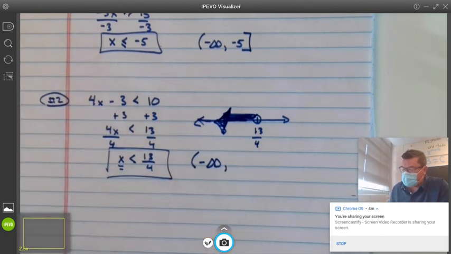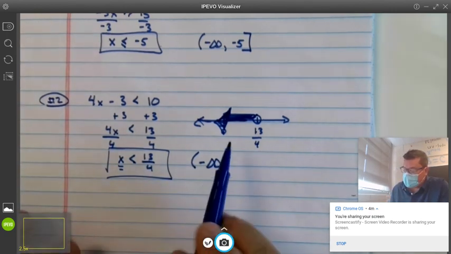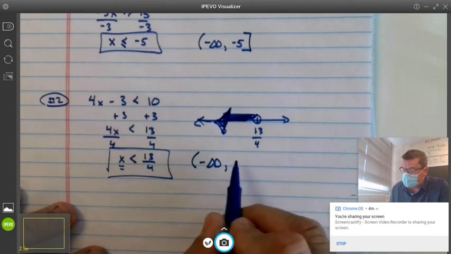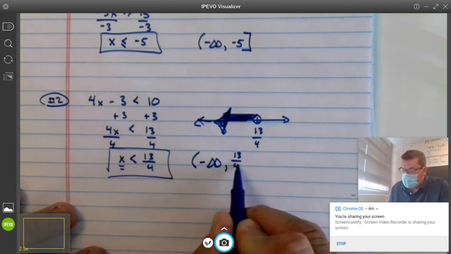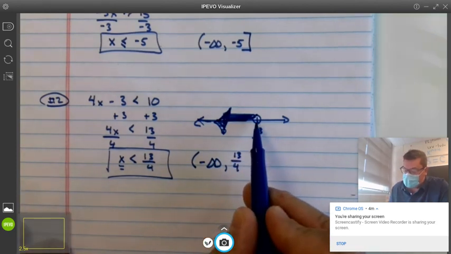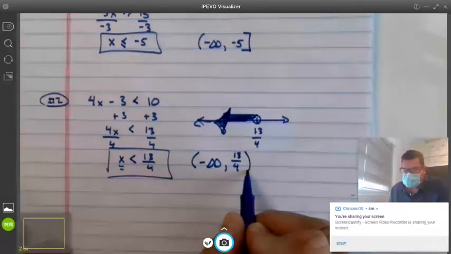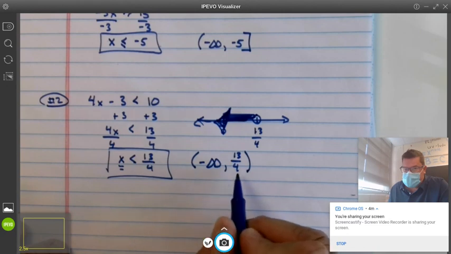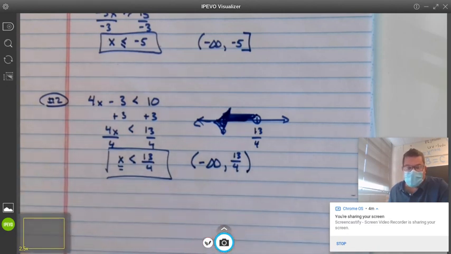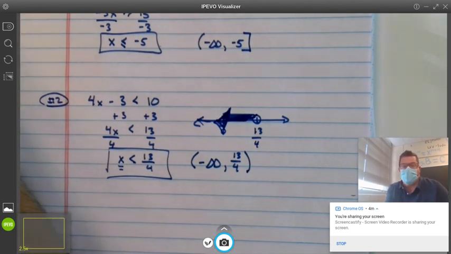We go all the way up to the biggest number that is included in our shading, which is 13/4. But since it's hollow, we can't quite get to 13/4, so we need to parenthesize that. Make sure in this interval notation that these are in numerical order, small first and then followed by big.